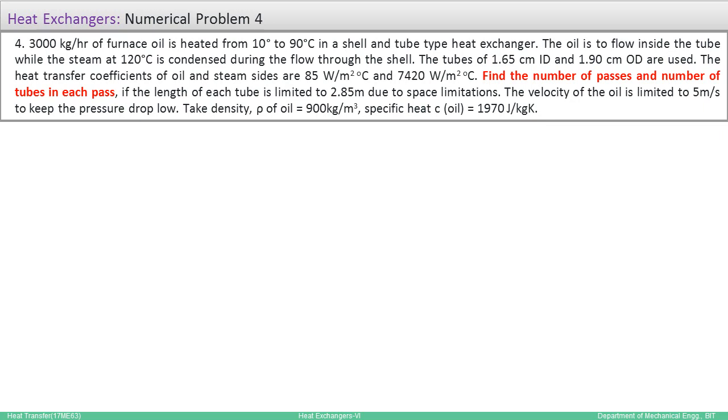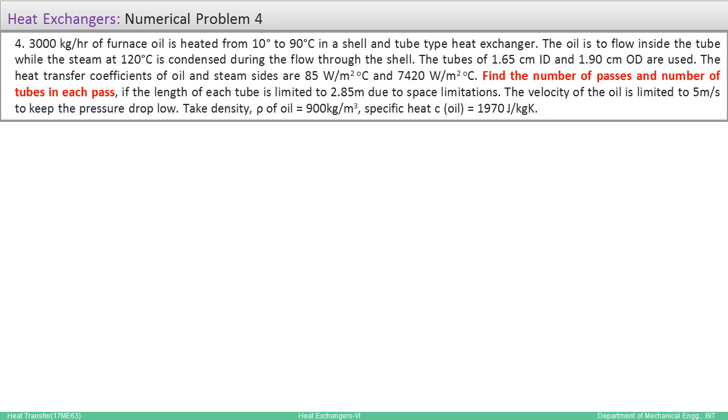The heat transfer coefficients of oil and steam are 85 watt per meter square degree Celsius and 7420 watt per meter square degree Celsius. Find the number of passes and number of tubes in each pass required if the length of each tube is limited to 2.85 meter due to space limitations.